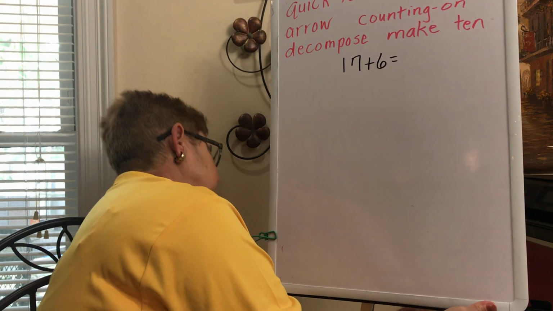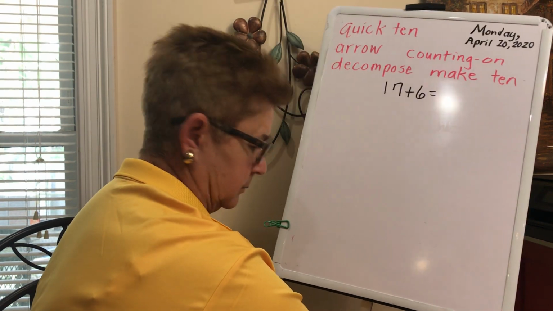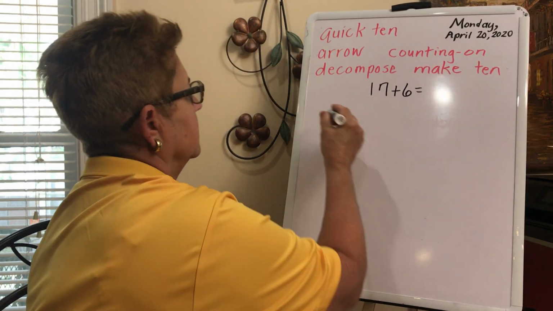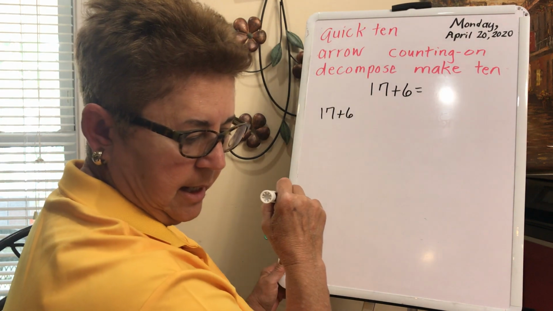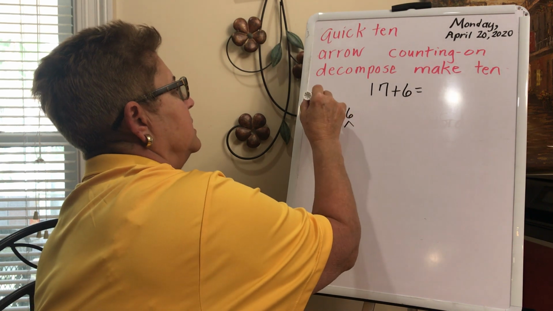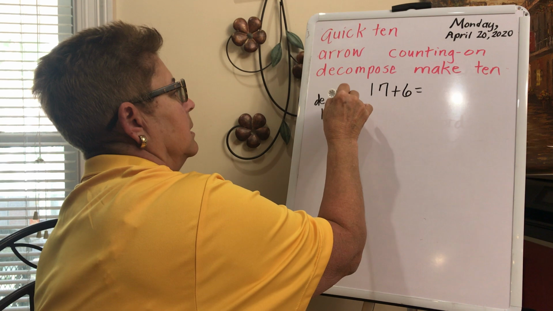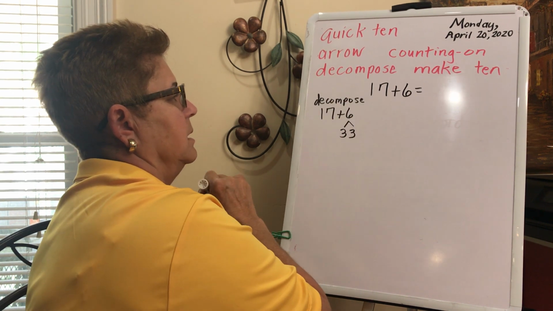So one child does 17 plus 6. And then they decide that they're going to decompose. So we're going to say decompose 6 and make it 3 plus 3.